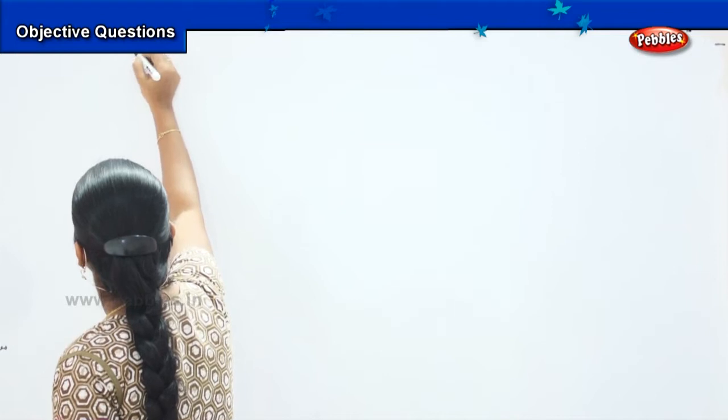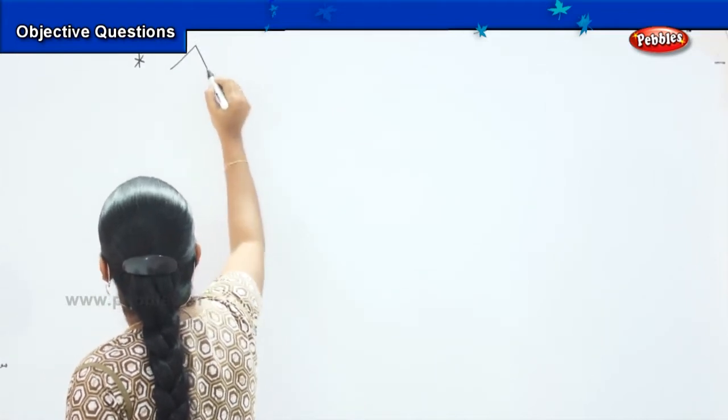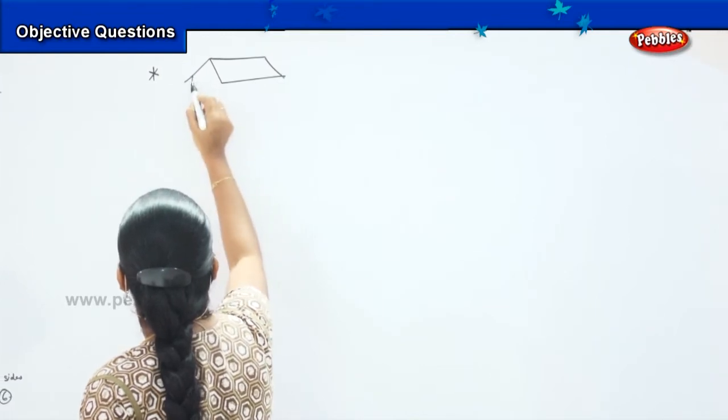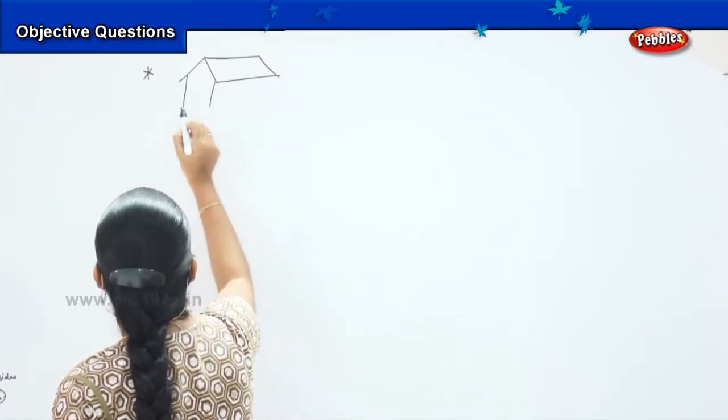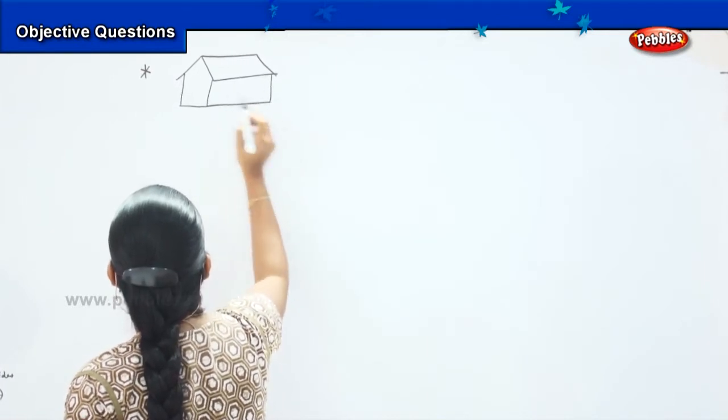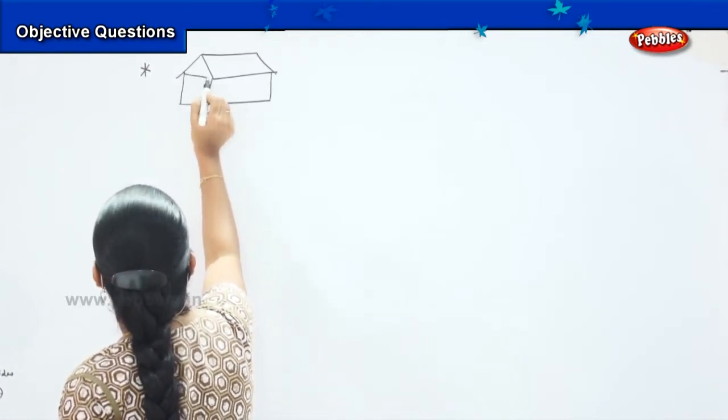Okay, here is my next question. Now, I am just drawing a house for you. And you have to tell me what subdivision questions I am going to ask you.